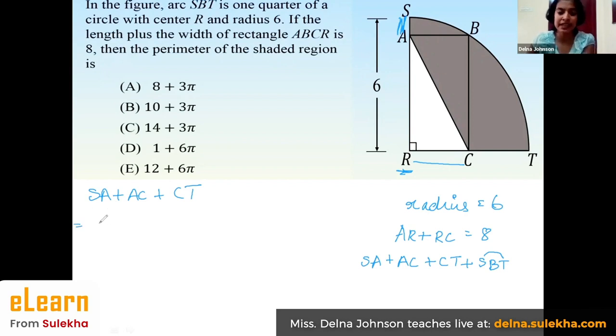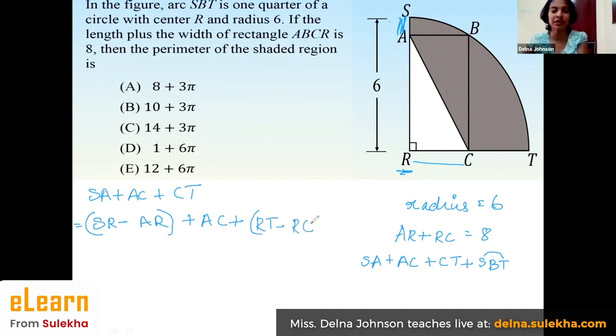So what is SA? SA is nothing but SR minus AR. AR is the length of the rectangle, and SR is the radius. Then you're taking AC and CT. You don't know the measurement of CT, so you take RT minus RC, which is CT.